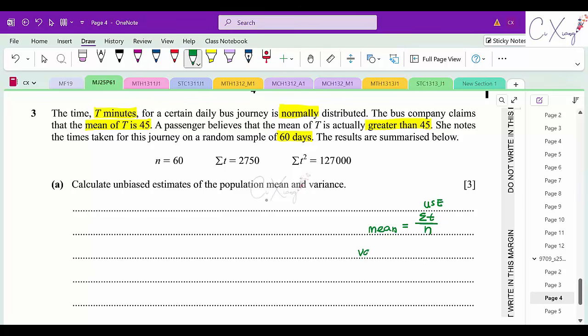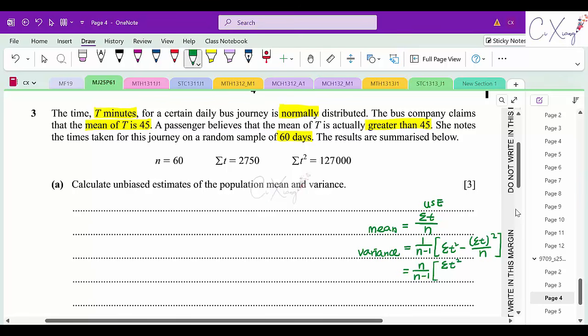And for the unbiased estimated population variance, there are two general formulas. The first one is 1 over n minus 1, summation of t squared, minus summation t then squared over n. This is the first formula. Another formula is n divided by n minus 1, then the normal type of variance formula that you calculate before, the population variance or the sample variance.